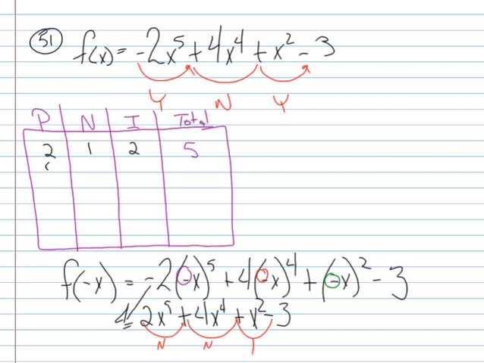I can count this down by 2s though and say I have 0 of these, 1 of these, because I cannot change my negative choices. And then I would have 4 imaginary, because they have to total 5 as well. And there are all my possible solutions for f of x equals negative 2x to the 5th plus 4x to the 4th plus x squared minus 3.